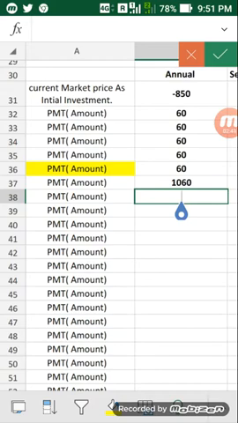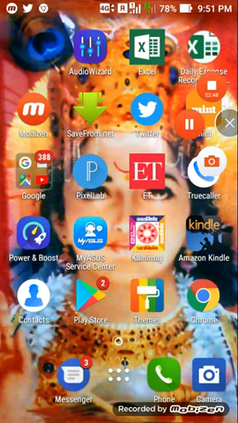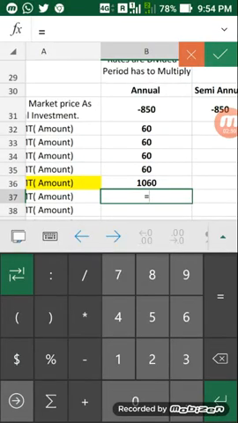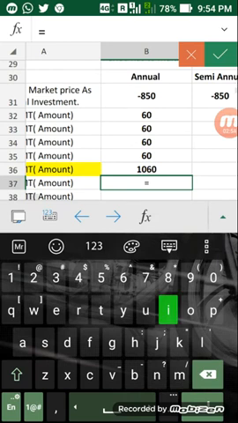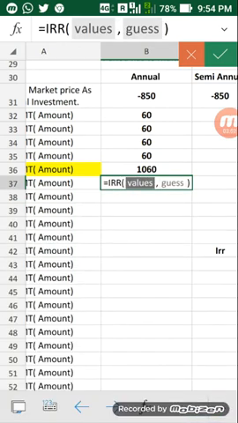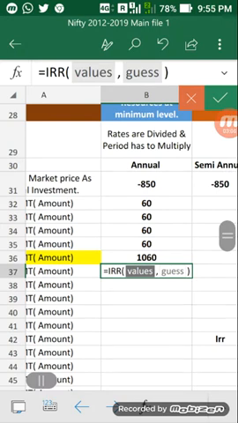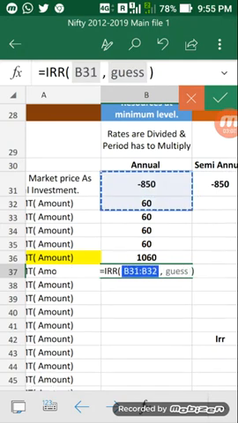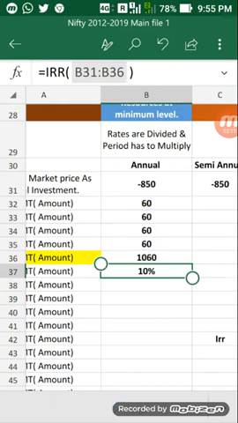Simply go there and type IRR. I am typing IRR here, giving all the values from the beginning, and simply pressing OK.